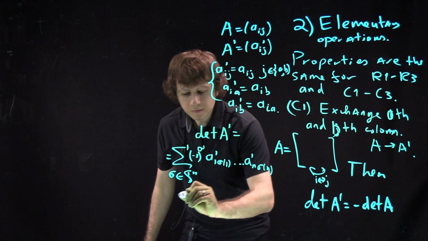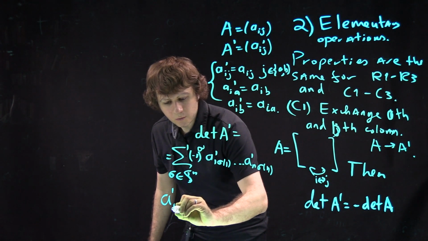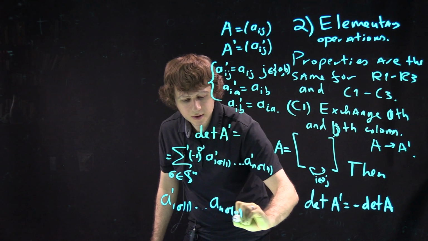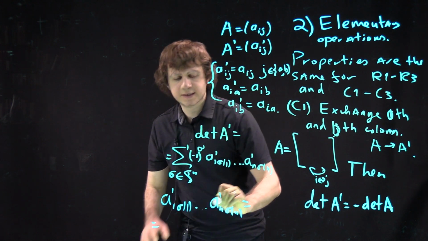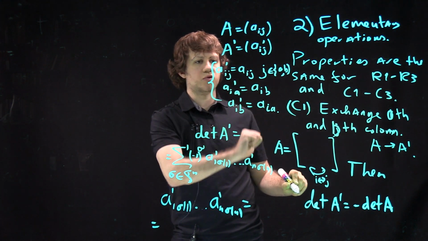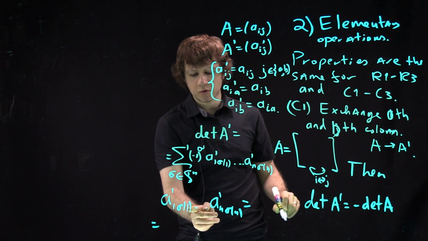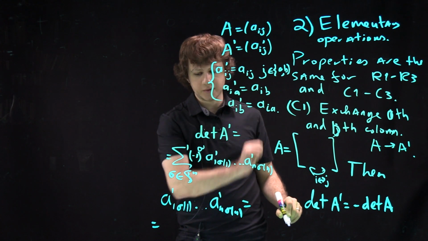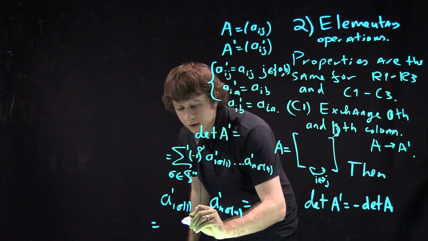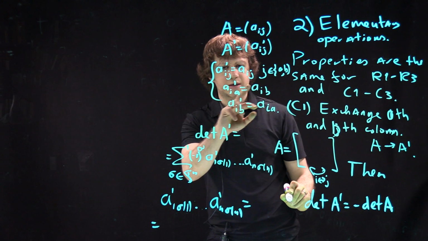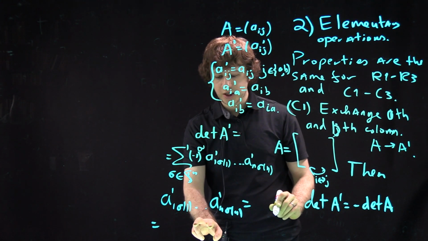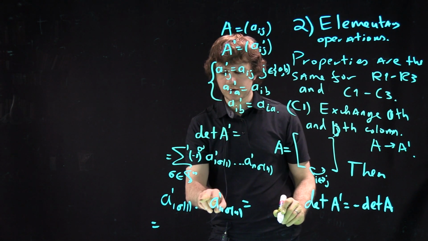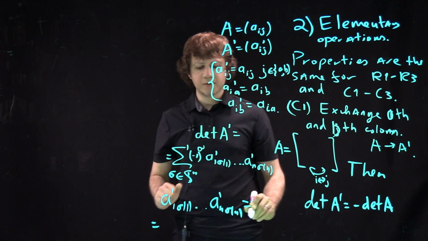The product A1 sigma of 1 prime up to An sigma of n prime will be, of course, the same as the monomial without primes, except for two things: when sigma of something equals a, and sigma of something equals b. So it will be absolutely the same, except we need to exchange here. So two of the terms are different.